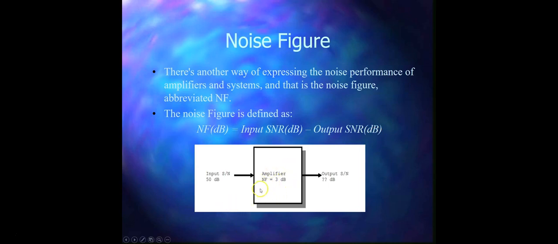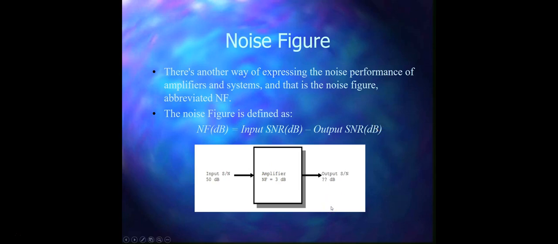You see this amplifier, the input signal to noise ratio is 50 dB, and the amplifier noise figure is 3 dB. So you have to calculate the output signal to noise ratio. If you put the value of input signal to noise over here, and put the noise figure over here, then you can easily calculate the output signal to noise ratio.